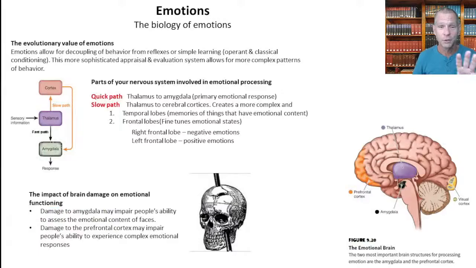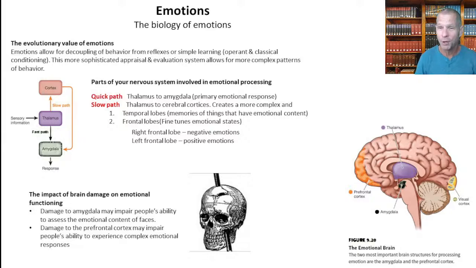So what I'd like to do is talk a little bit about this physiological model because it turns out they are right. Now, emotions are evolutionarily determined. They have a value. They allow you, in a sense, to decouple your behavior from reflexes. You can now learn and associate emotions based on experience with things in your environment.